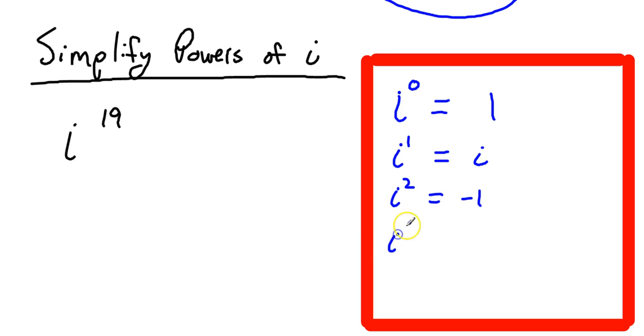And once we get to i to the third, basically i to the third would be rewritten as i to the first times i squared. And so if you multiply those two together, that's i times negative 1. So really this thing is just going to be negative i.